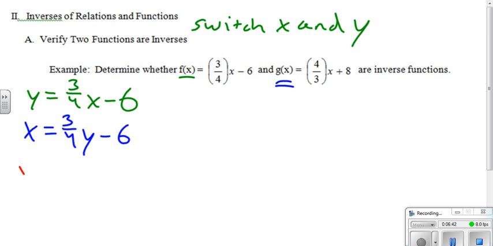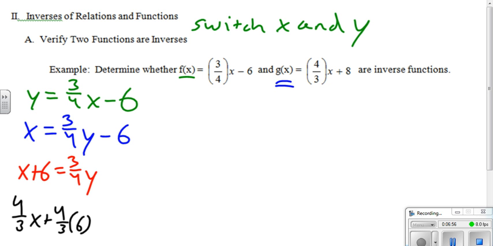We'll add 6 to both sides: x plus 6 equals 3/4 y. To get rid of that 3/4, we'll multiply by 4/3. 4/3 x plus 4/3 times 6 equals y. And 4/3 times 6, 4 times 6 is 24, and 24 divided by 3 is 8.